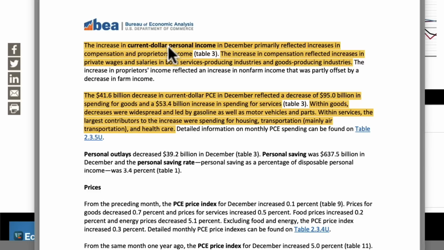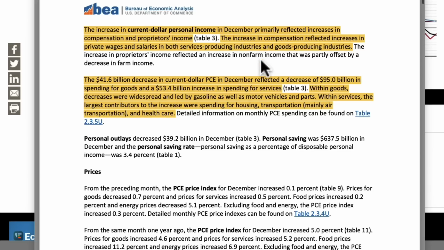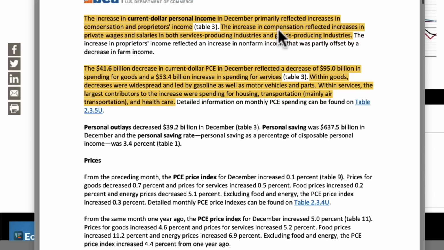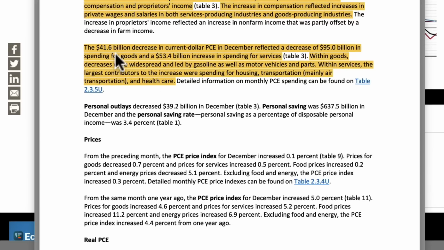And we're being told the increase in current dollar personal income in December primarily reflected increases in compensation. The increase in compensation reflected increases in private wages and salaries in both services producing industries and goods producers industries. So there's some wage inflation there.